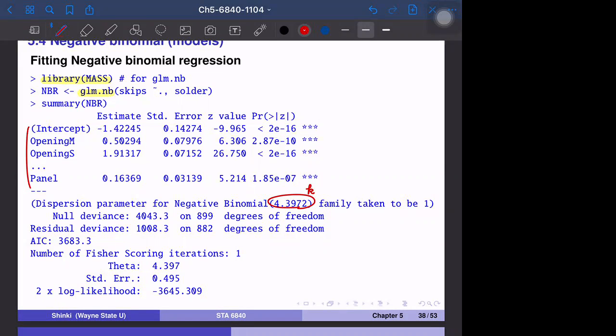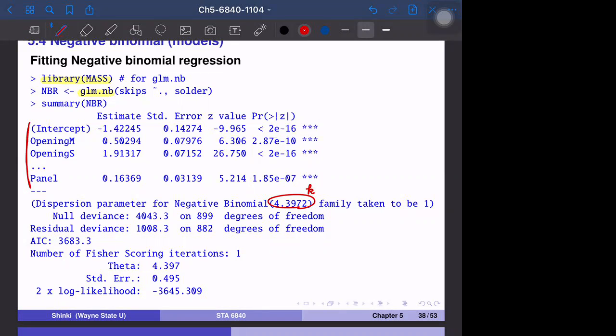Basically, it is the number of successes that we choose. And then we have another parameter, mu, which is explained by these observations.